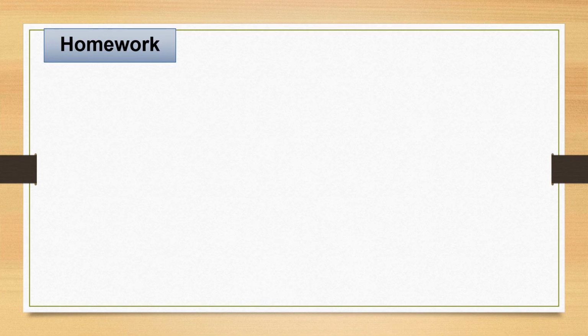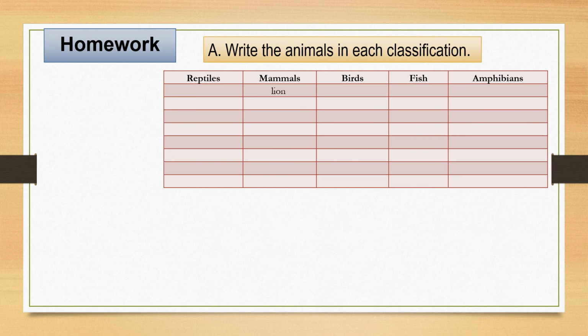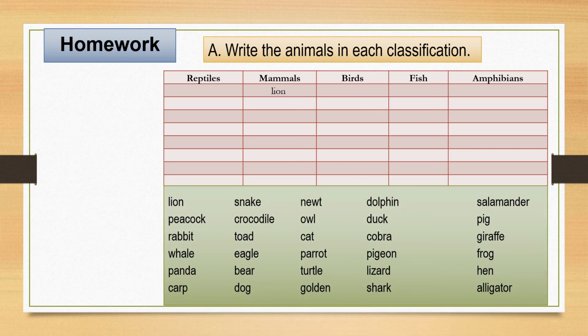For your homework, you are going to do an activity here. Write the animals in each classification. We have the reptiles, mammals, birds, fish, and amphibians, and I also listed some of the animals here. For example, lion. Where am I going to write lion?